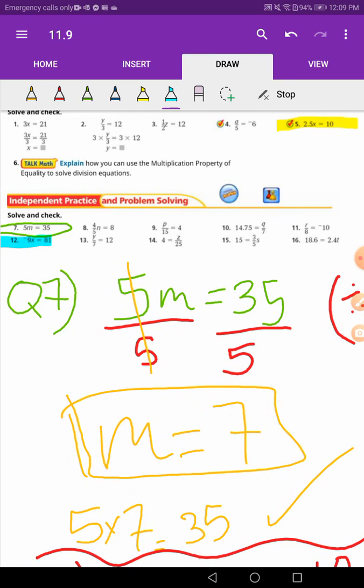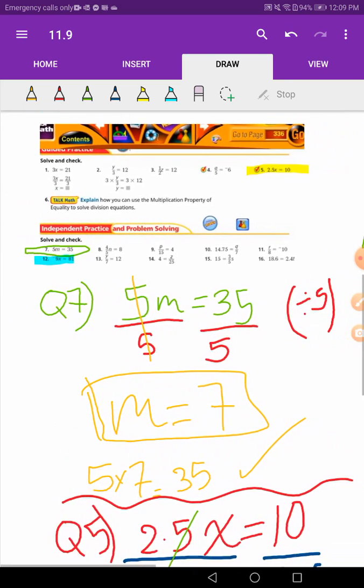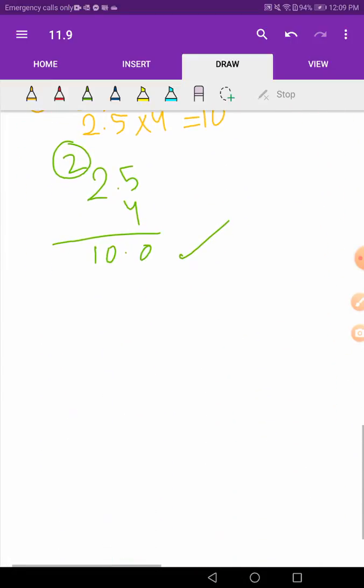Let's solve question number 12. Negative 9x equals 81.